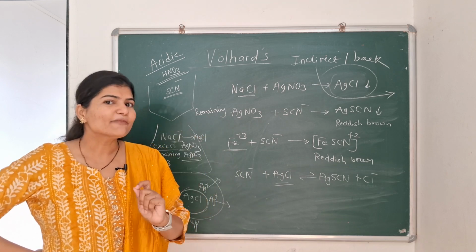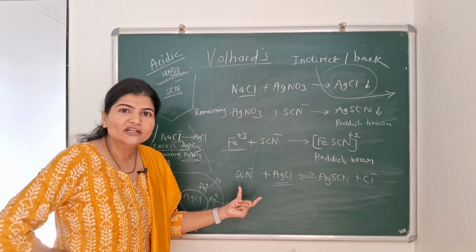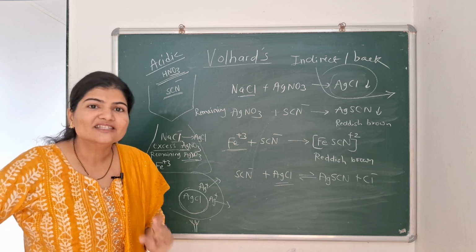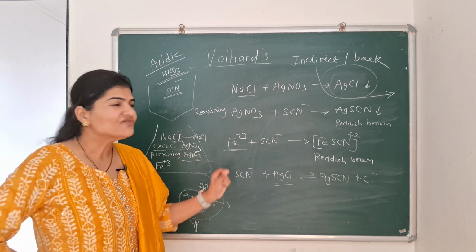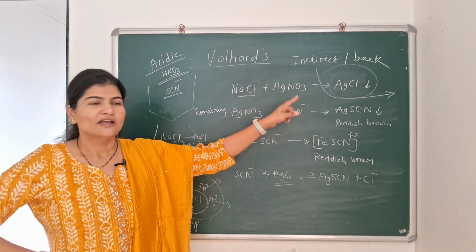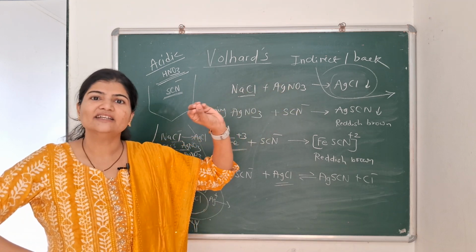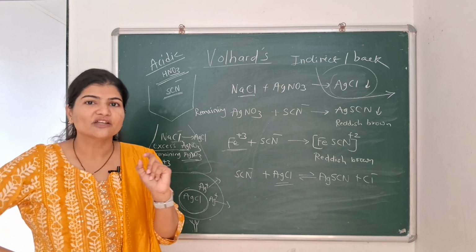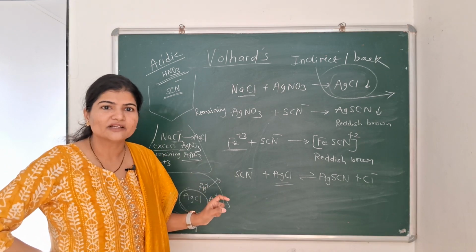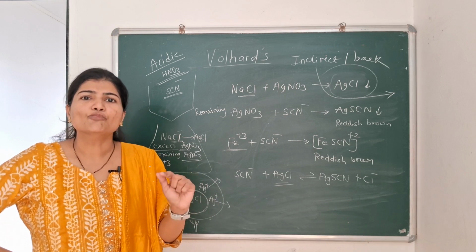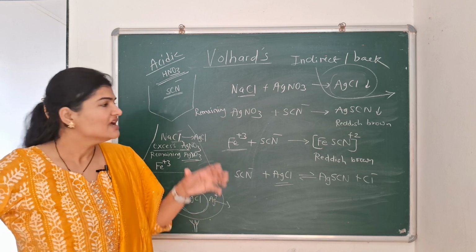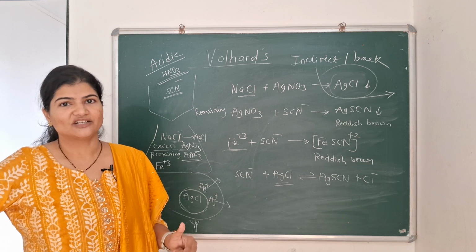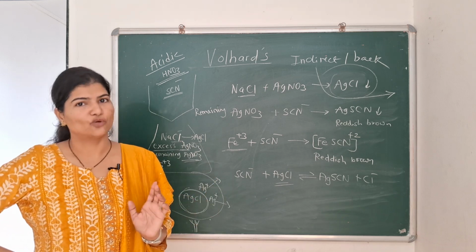So just by incorporating a coagulant or an immiscible liquid like nitrobenzene, we can achieve the same result which we can achieve through filtration. But as filtration is a slightly tedious process, we can opt for these two methods using a coagulant or an immiscible liquid. This is a slight modification in Volhard's method where we can achieve the same endpoint in a single step without the need for filtration. This is referred to as the modified Volhard's method.